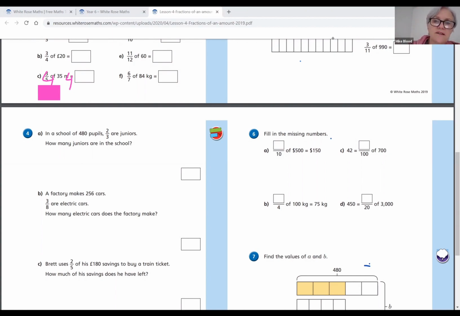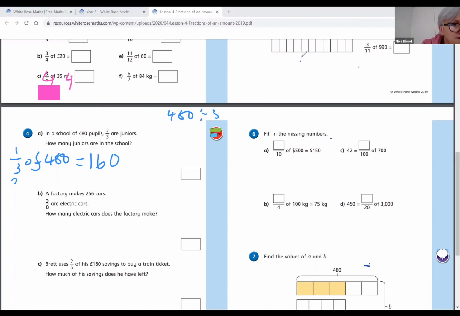You've already worked out one way to do that up above. You do 1/3 of 480, and to do that, you do 480 divided by 3. If you work that out in a bus shelter, you should get 160.